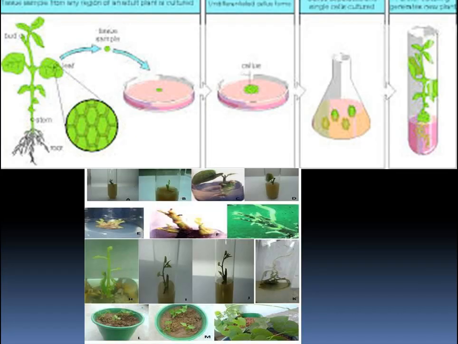This is how we go: a part of leaf or a part of the tip of the meristem will be taken and grown on a medium, and then it will be transferred to a test tube, and then it will be transferred to soil.